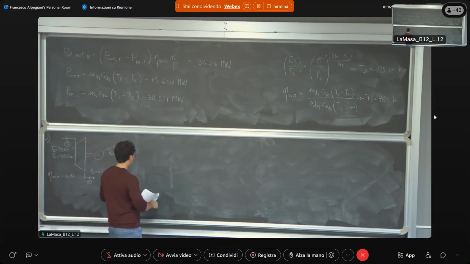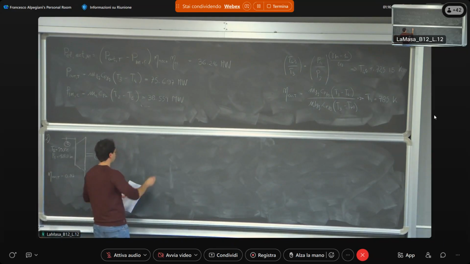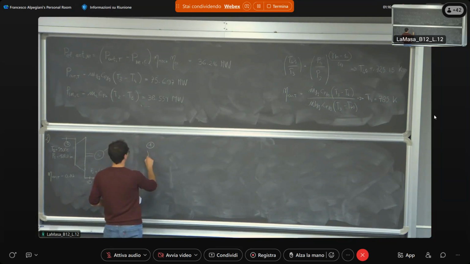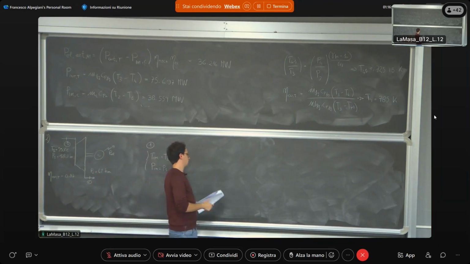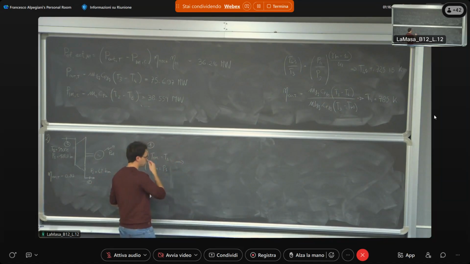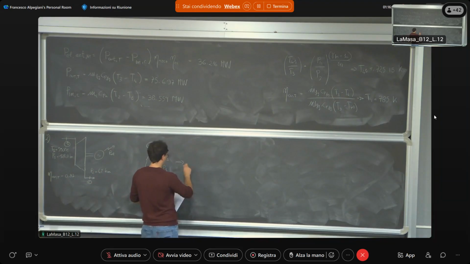So in point number 1, thanks to the temperature at the inlet, T1, and the pressure at the inlet, P1, through the Mollier chart or the steam tables, we can derive the enthalpy at the inlet.